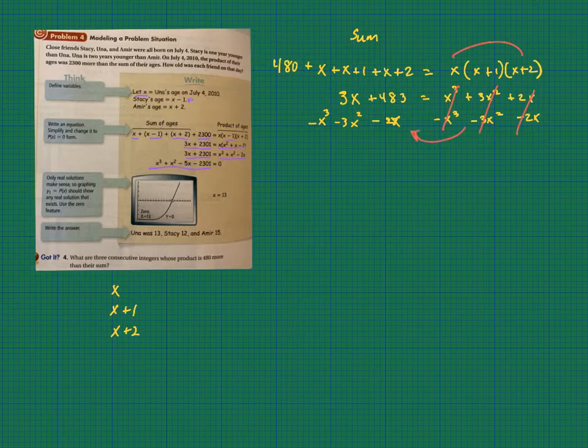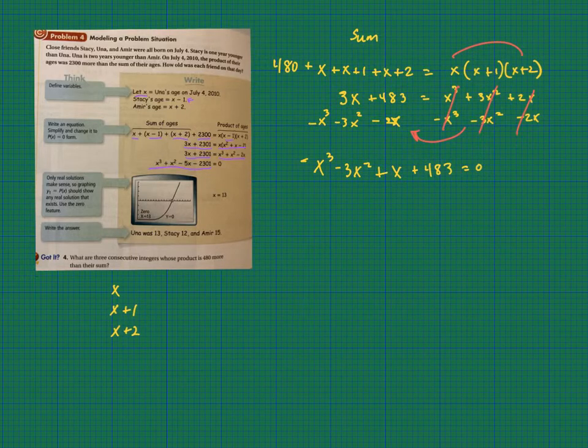In doing so, if I rewrite it, I have negative x cubed minus 3x squared plus 3x plus 3x plus 2x, which is going to give me plus 483 equal to 0.